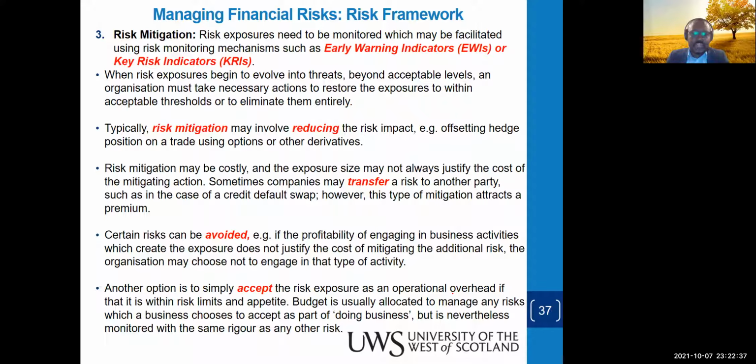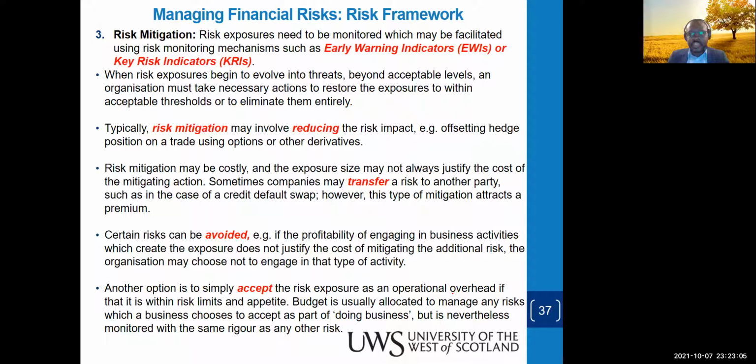We could also look at transferring it if we think we cannot bear it all. We can transfer part or all to insurance companies. We could also avoid it if we know it will pose a significant risk to operational existence and future going concern status of the company. We avoid it altogether. And then the next option is to accept it if we think the risk exposure is minimal.